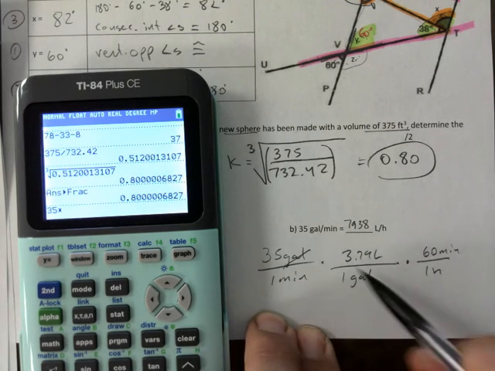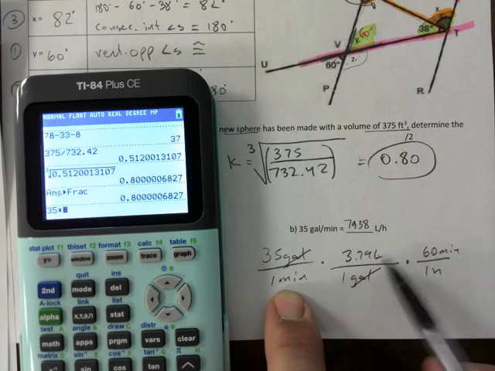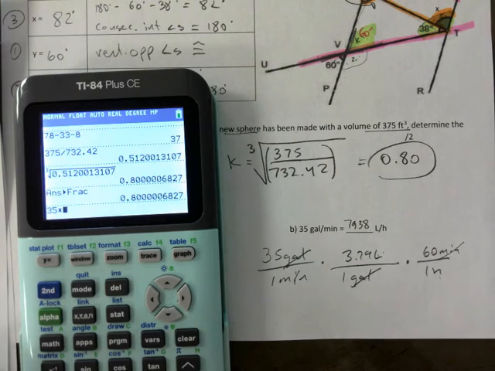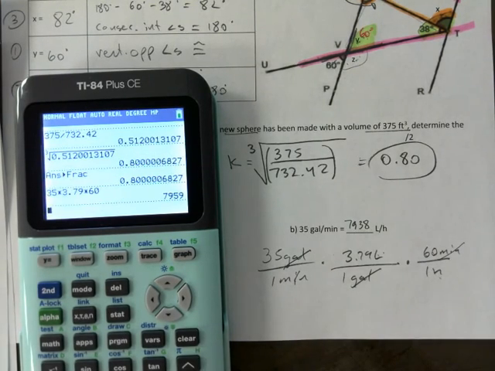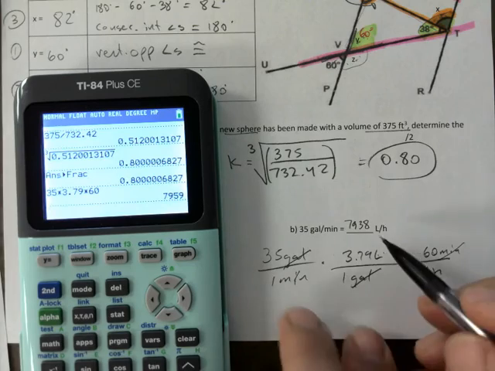Sorry, I'm just going to make sure I get this right. Okay. I end up with liters. Minutes go with minutes, so I have liters and hours. Okay. So times 3.79 times 60. 7959. Oh. Jeez. Anyways.